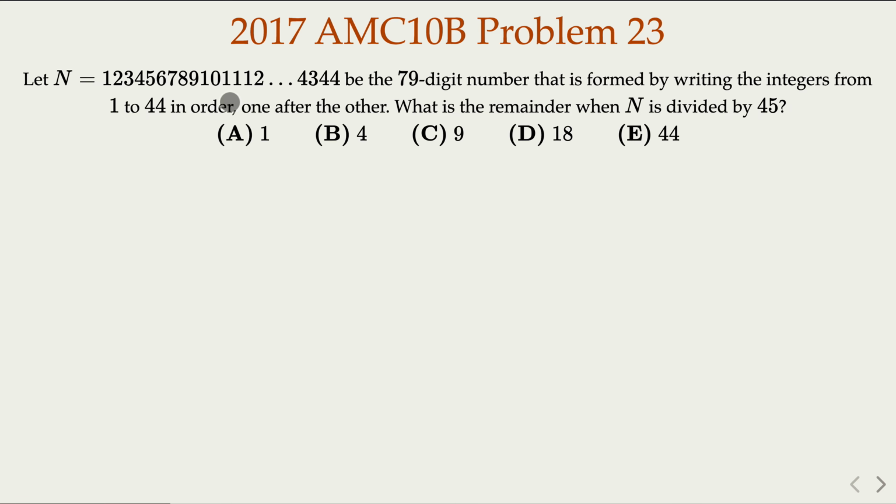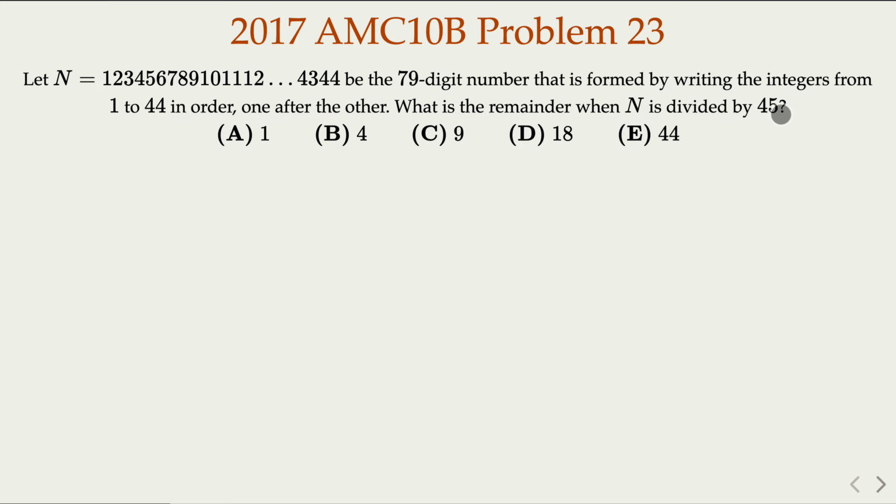Here we're saying that we have a big number made by putting 1, 2, 3 up to 44 together into a huge number that is a 79 digit number. We try to see what is the remainder when n is divided by 45.